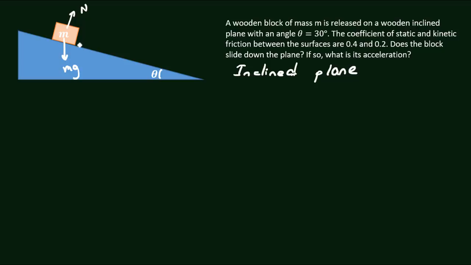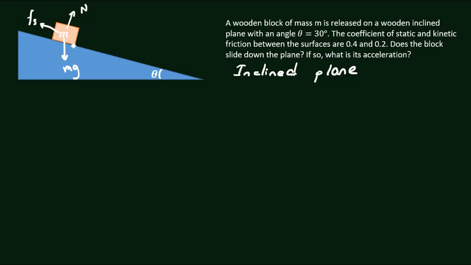Well, we have the friction force between the surface and the wooden block. What is the direction of this friction force? If the block slides, it's going to move in this direction, downward. And of the mg force, there is a component along this inclined plane that is pulling it down. So the friction force will be in the opposite direction.